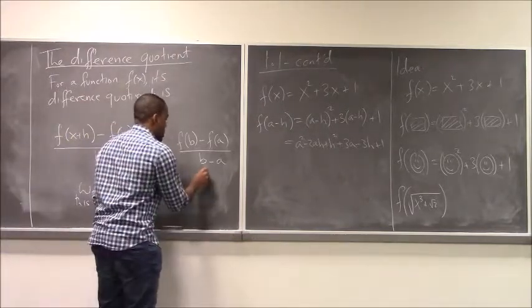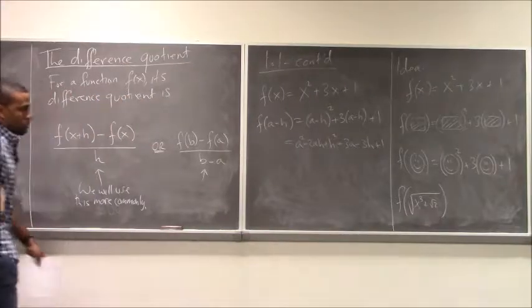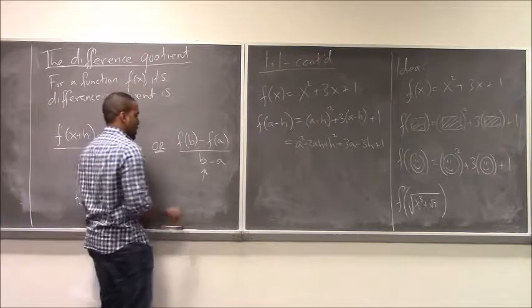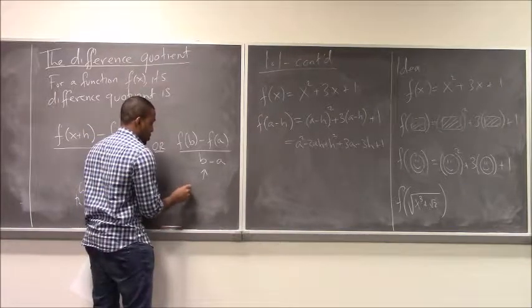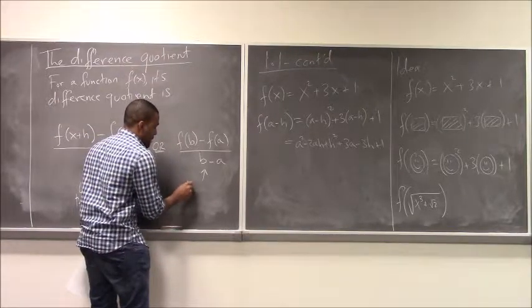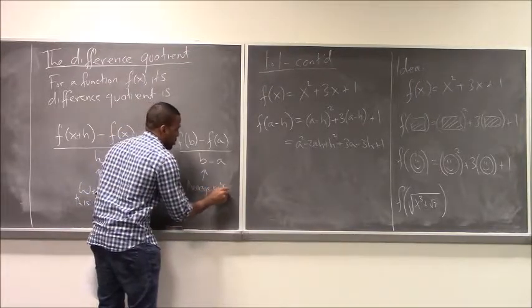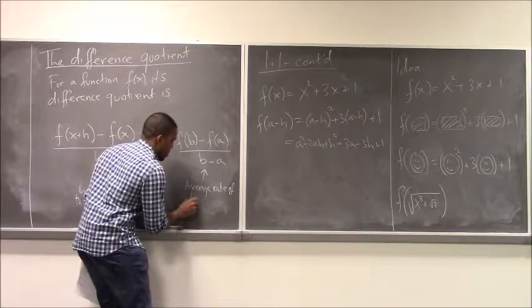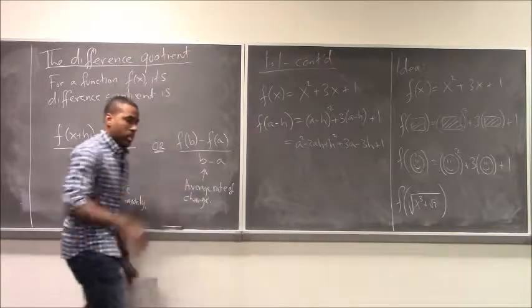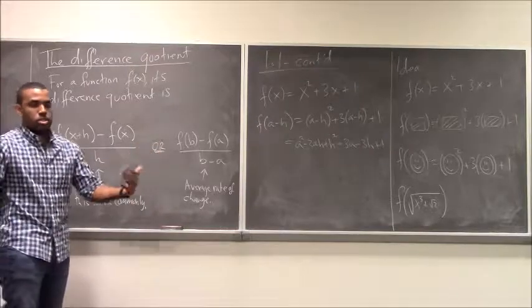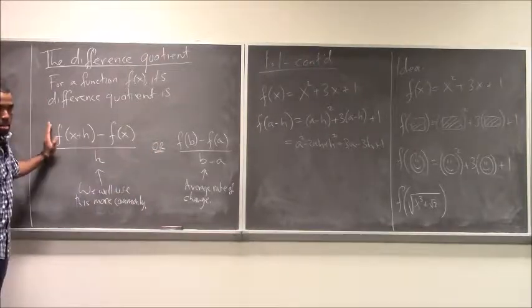Not sure why, but maybe historically, traditionally, we use this form when we want to find the average rate of change. We'll talk about that later. Most of the time, if I ask what is the difference quotient of this function, I'm talking about this form.